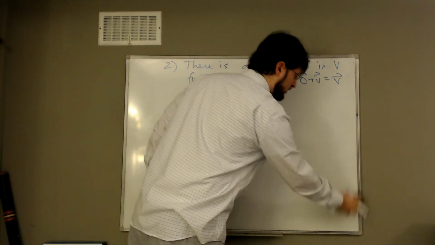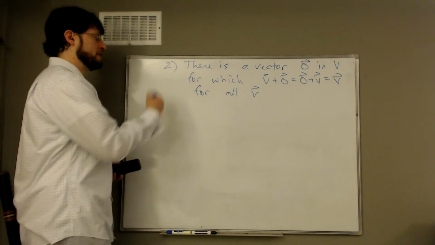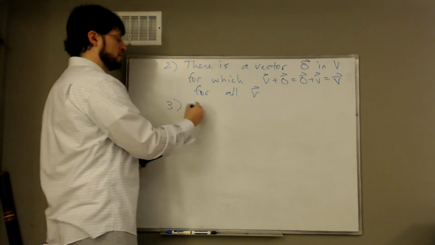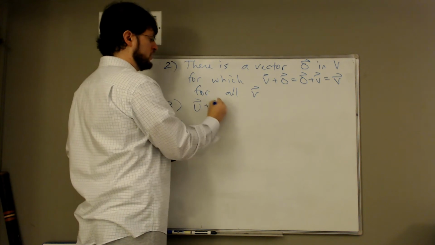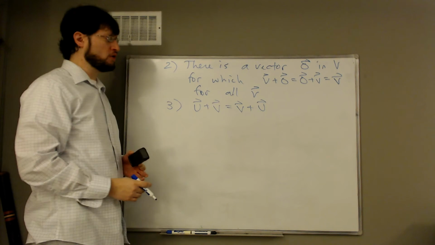And again, we're going to look at a bunch more examples of different vector spaces other than just Rn and see how these things all apply. Three, U plus V is V plus U. So I can add in either order and I get the same thing.